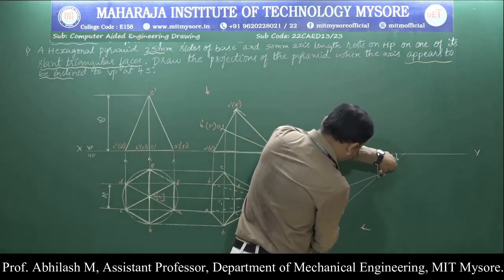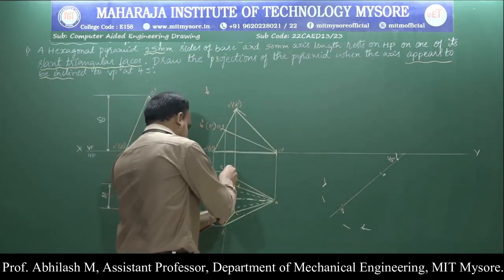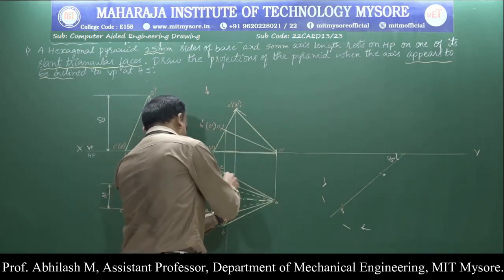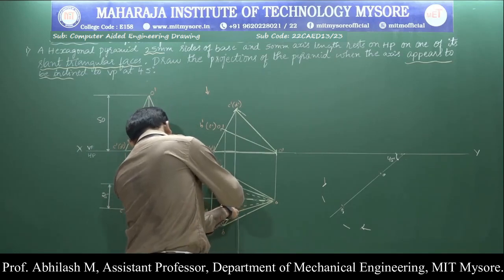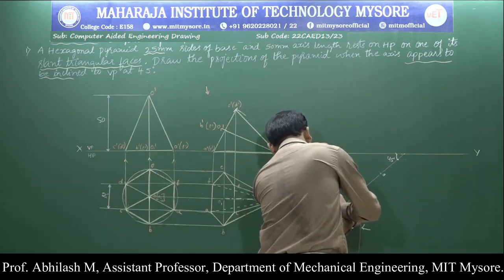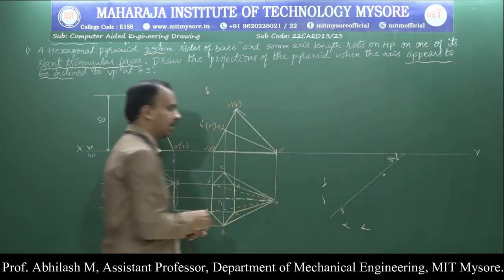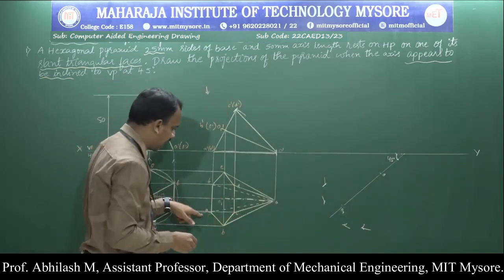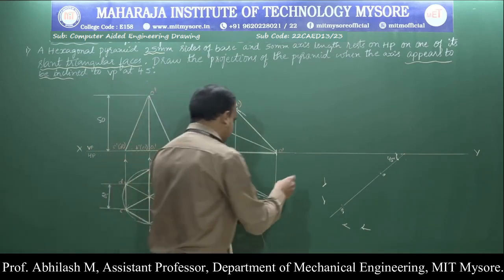So F to O, and from O1 we are supposed to measure again O1 to F, and again from O1 to the other point. We have transferred A, F, B and E. We are left with C and D.